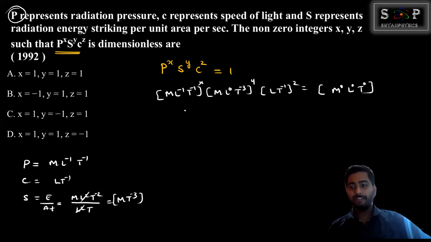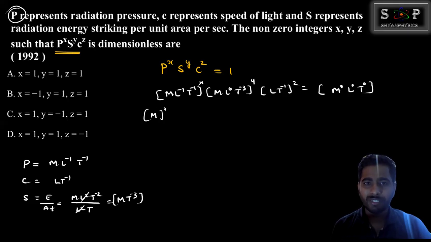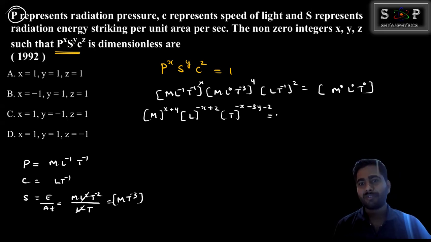Now if I bring here mass, length, time. Mass: M to the power x from the first quantity, plus y from the next quantity, and in the third quantity there is no mass. Next, length to the power minus x plus z. Next, time to the power minus 2x minus 3y minus z is equal to M to the power 0, L to the power 0, T to the power 0.